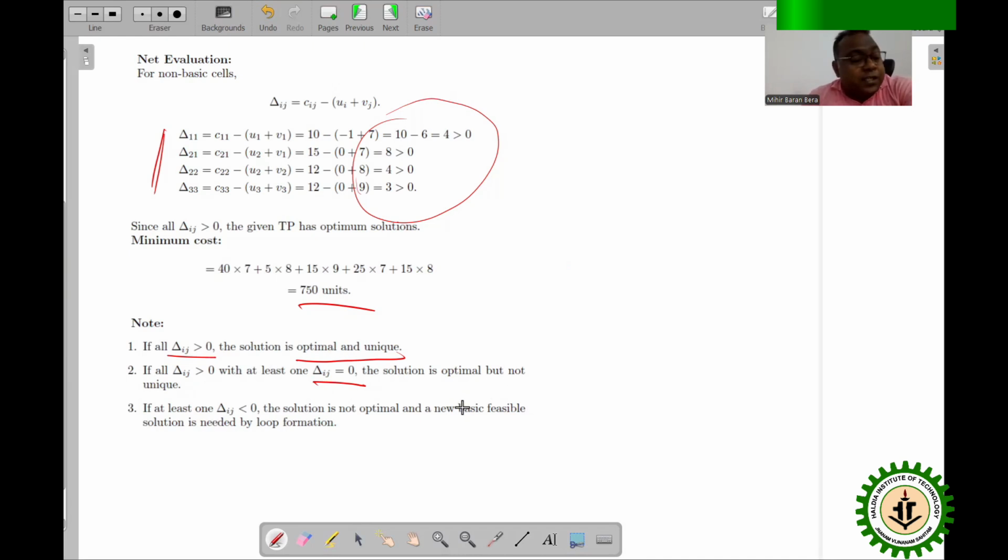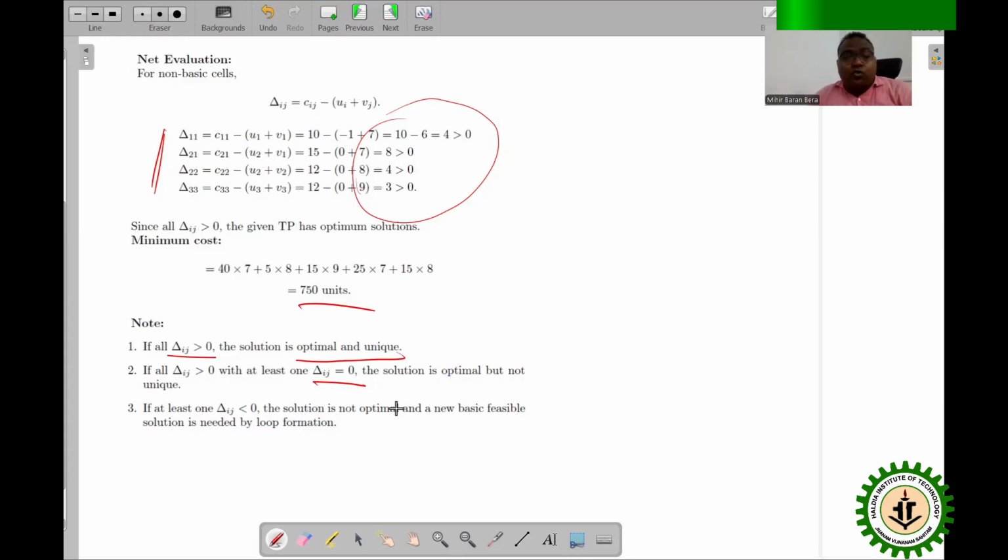Basically, in this case, there will exist another solution. But if delta ij is less than 0, then the solution is not optimum, and at that time, we will follow some process to find the optimum solution.